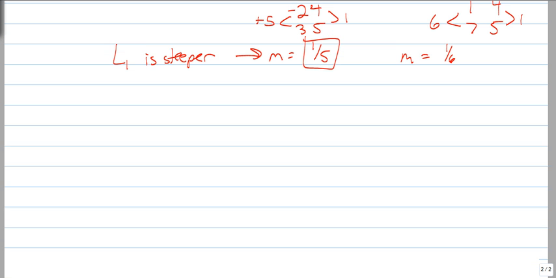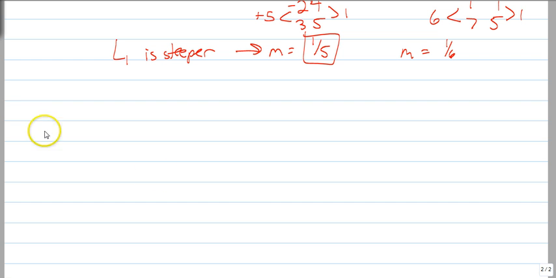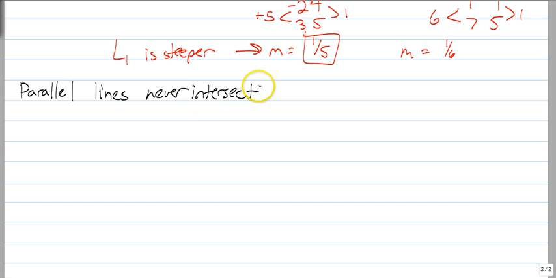Alright, so 2 more things we'll talk about: parallel and perpendicular. Parallel lines never intersect. And perpendicular lines, I'll use the symbol for perpendicular, form right angles.